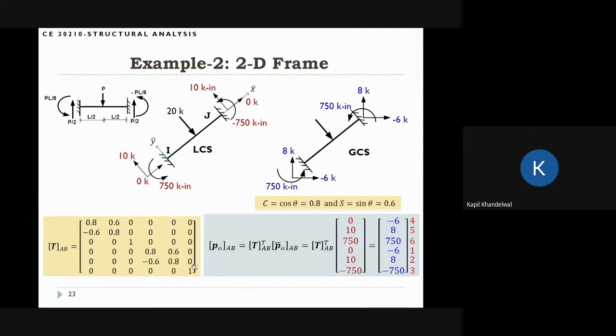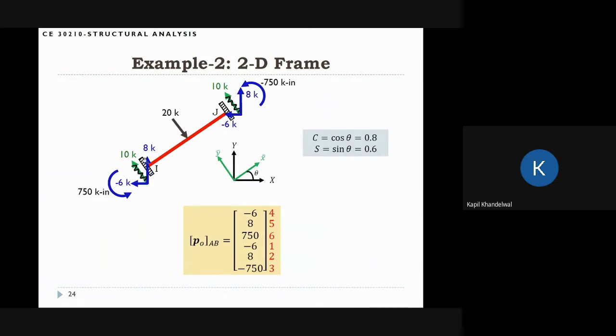Oh, before I do that, let me tell you what is happening in this transformation. The green color was the shear force in the local coordinate system, and we are actually taking the x and y components. This is all we are doing.